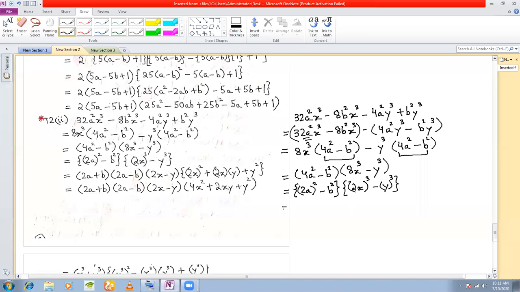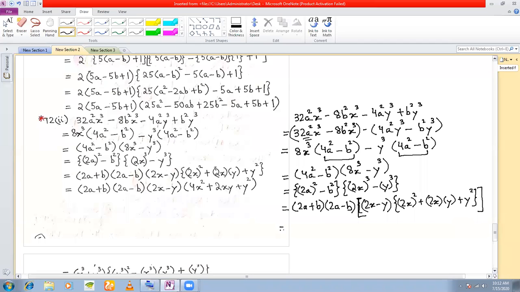So we split the first one as a plus b into a minus b, and the second one as a minus b into a square plus ab plus b square.